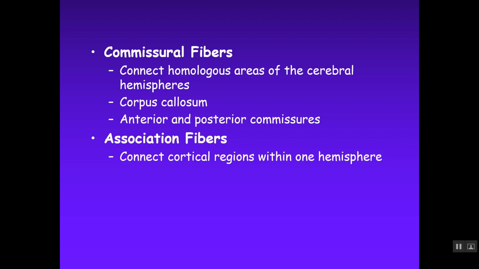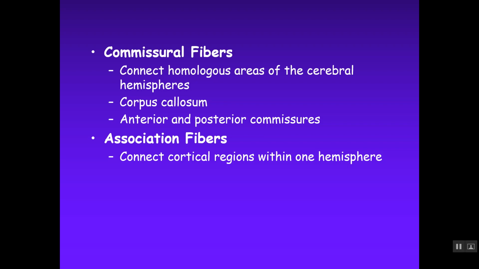The corpus callosum is our biggest one. That's a big, massive commissural fiber, and it connects most of your frontal and parietal and some occipital lobe functions all from one side to the other. There's also an anterior and a posterior commissure, and we've shown you the anterior and posterior commissures previously.